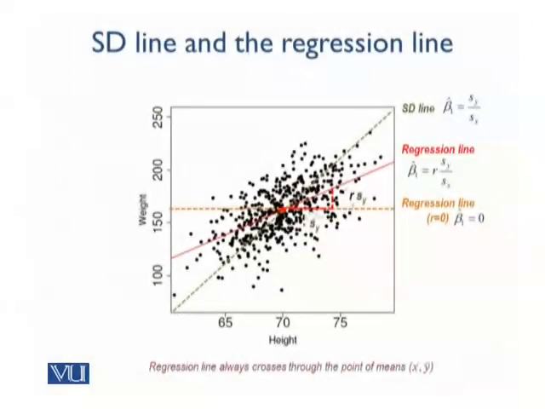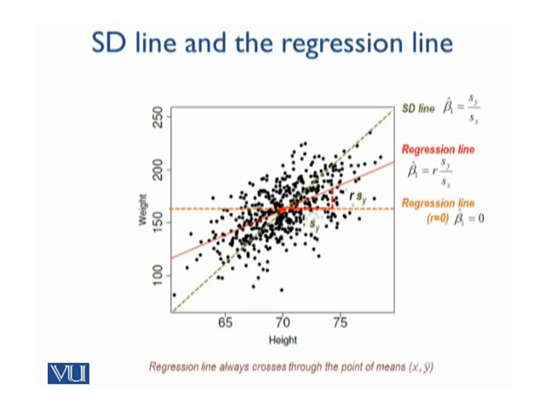So let's now recap our discussion on the SD line and the regression line. Please refer to the slide. The SD line is shown in the slide, in which the slope is sy over sx. And the regression line is also shown, in which the slope is r sy over sx.